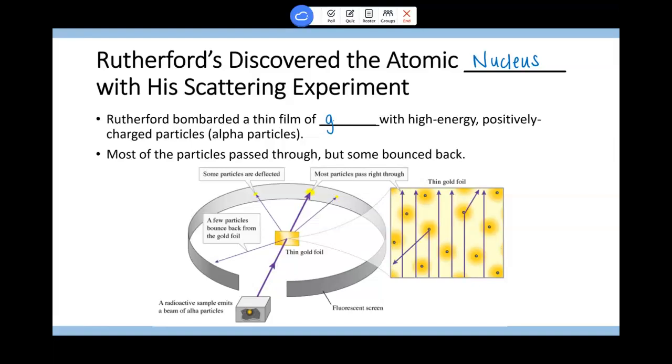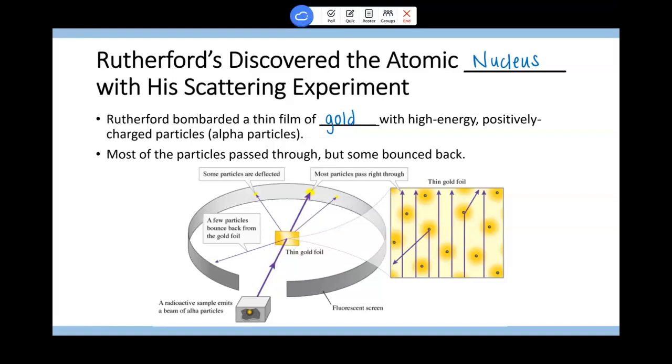So he took a thin film of gold, in the center here, and bombarded it with positively charged particles, which are called alpha particles.